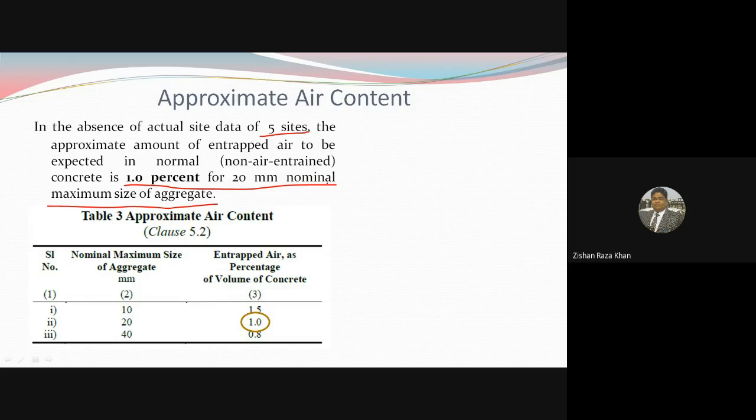If it is non-air-entrained concrete, which is normal concrete, you can take 1% for 20 mm nominal aggregate. It is given in the table also that for 20 mm aggregate you can take air content as 1%.